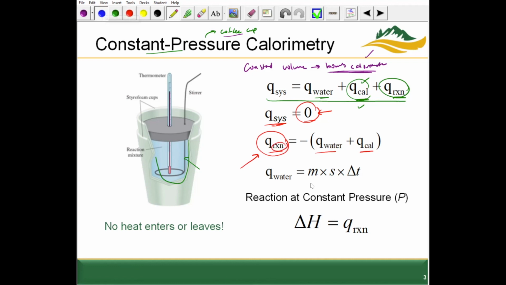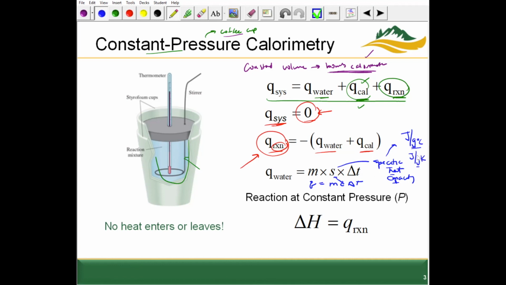Then this formula we've used a few times now, q equals mcΔT, where lowercase s and lowercase c are both the specific heat capacity. What are the units of a specific heat capacity again? Well, this is joules per gram degrees Celsius or joules per gram Kelvin.